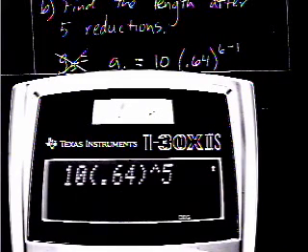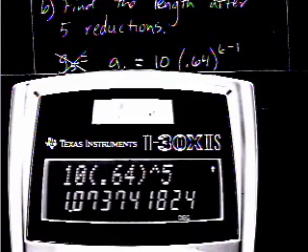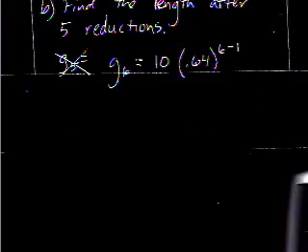Much better. Sorry, I had to get my hydraulic lift in the back on the calculator. If you don't have me in class, that probably won't make any sense. But that's okay. It'll be a lot more clearly seen on the calculator now. Alright, so let's see here. We've got 1.074, excuse me.